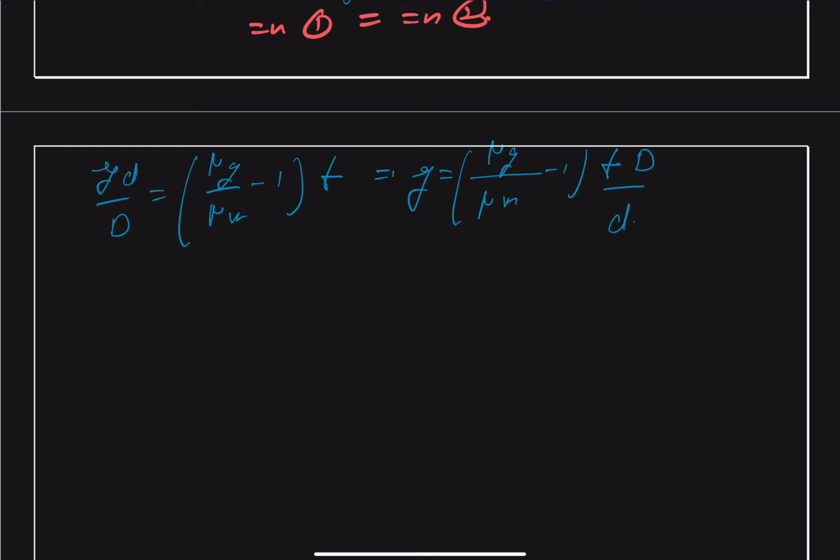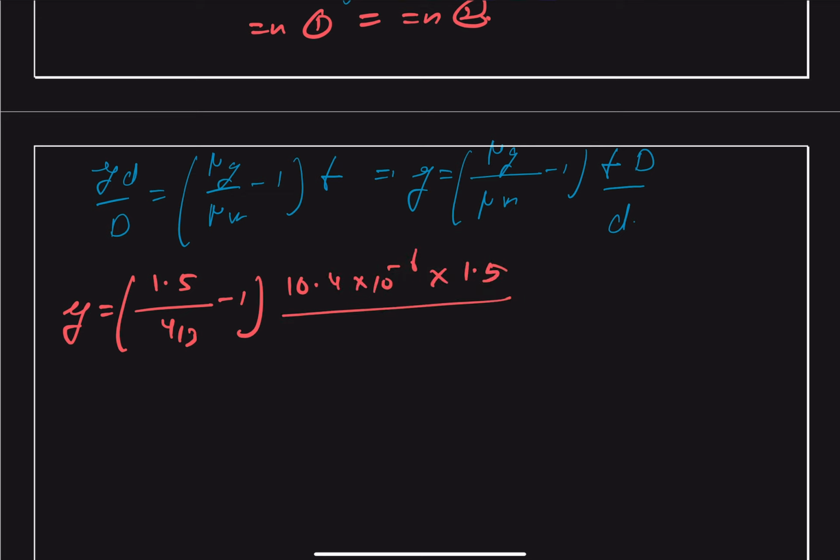We get this as the shift, which is our y, will be equal to... mu g is 1.5, medium is given as 4 by 3 minus 1 and thickness T is given as 10.4 into 10 to the power minus 6, distance is given as 1.5 and small d slit 4.5 into 10 to the power minus 3, and this gives us that it will be equal to 4.33 millimeters.